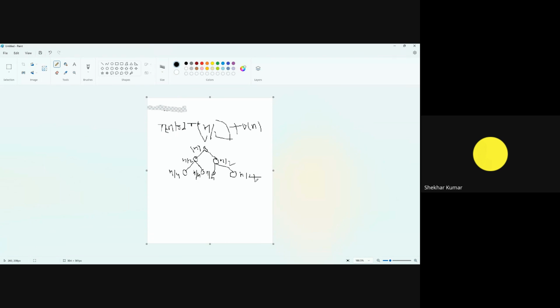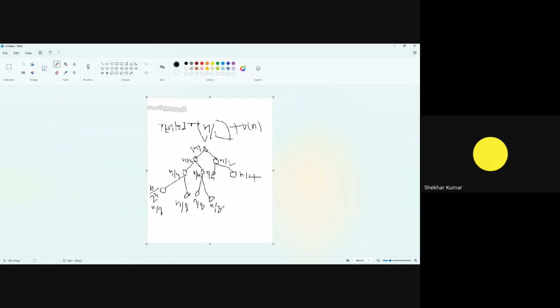Again, this function is called recursively. Further, it will be divided into two halves. Now the size of the problem will be n divided by 2 to the power 3, that will be n by 8, n by 8. Here also n by 8 and n by 8.